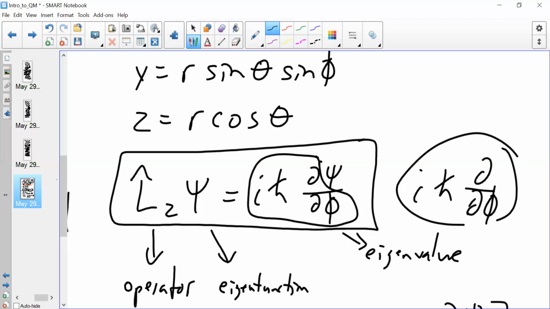So I'll just put it this way. The m quantum number relates to the rotation axis phi. The l quantum numbers relate to the precession angle theta. And n is really the energy, a scalar like energy.